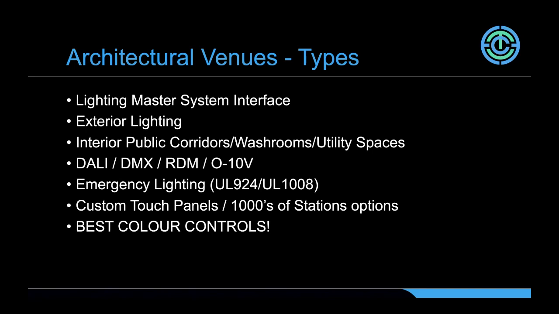So if you've got wayfinding involved in your architectural venue, and you need to have that integrated onto the touchscreen for the lighting controls or power controls, we have the ability to do that. And again, you've probably heard me say it a number of times today, but best color controls in the industry, and that is absolutely the truth.